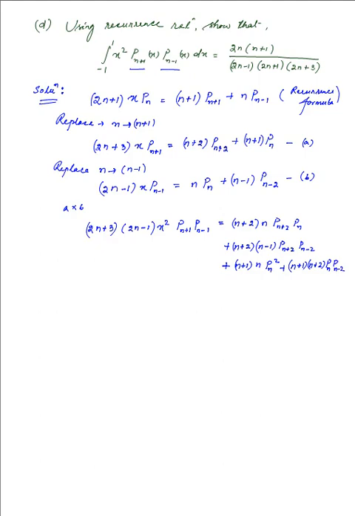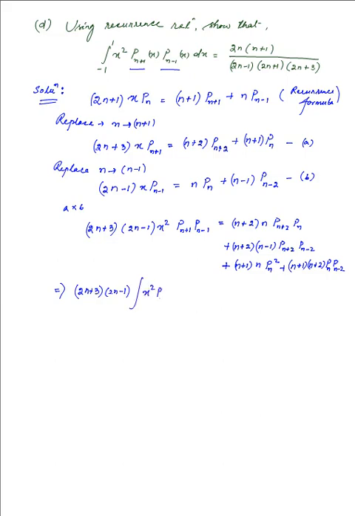Now what we do is we wish to integrate this term from minus 1 to plus 1 over x. So on the left hand side we can take the n terms out of the integration, so we are taking 2n plus 3 times n minus 1, and the integration involves x squared.